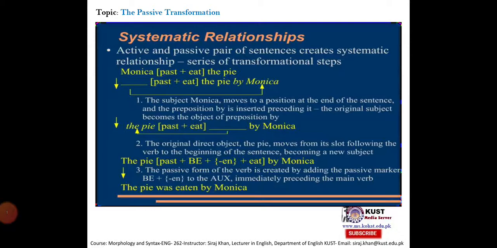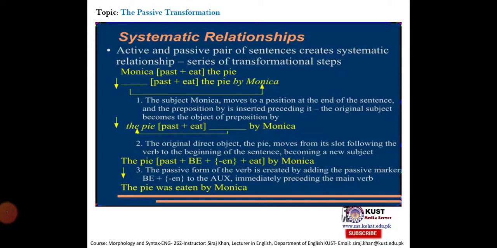The subject Monica moves to a position at the end of the sentence and the preposition by is inserted preceding it. The original subject becomes the object of the preposition by, like the pie ate by Monica.